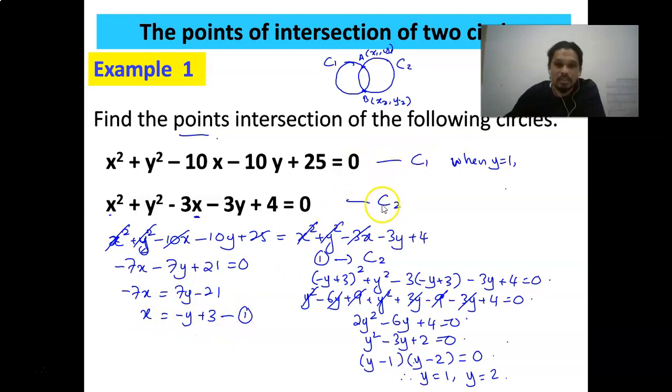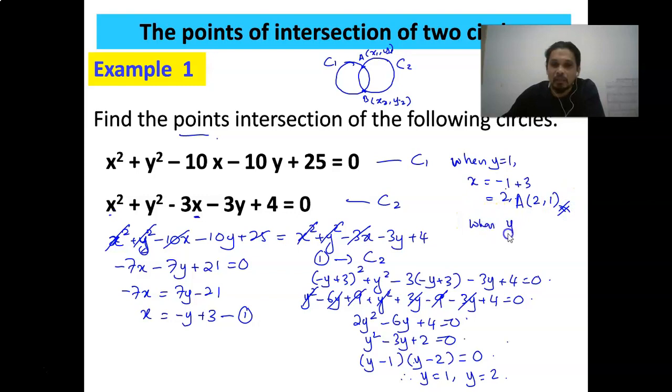This is circle 1, circle 2, and equation 1 here. So x equals negative y plus 3, that is 2. It means the coordinate is (2, 1). According to my picture, this is the coordinate we call A.